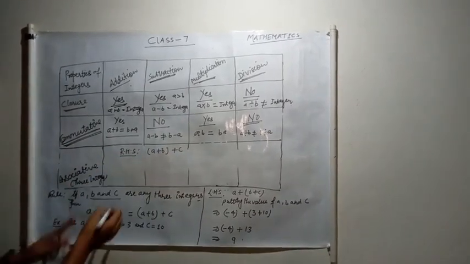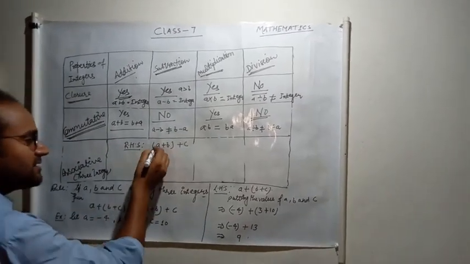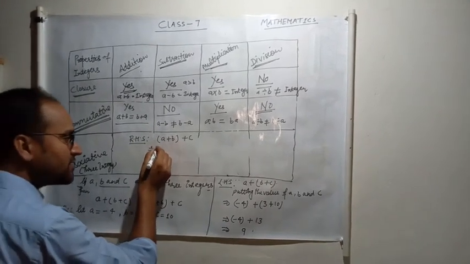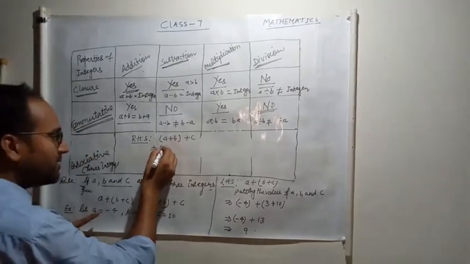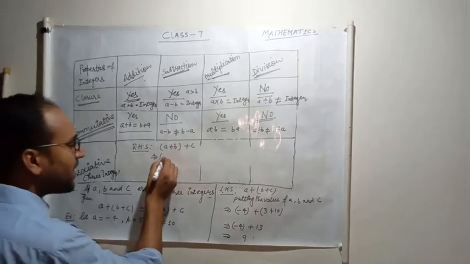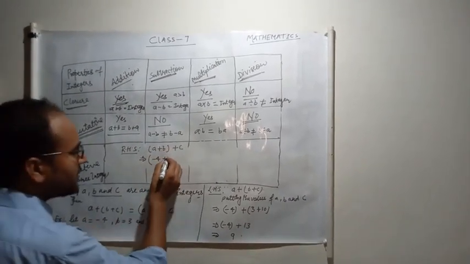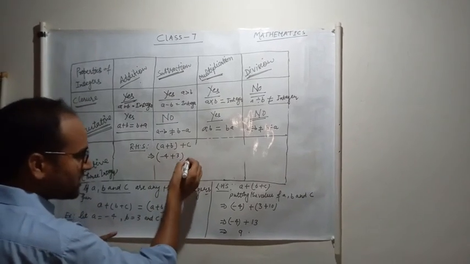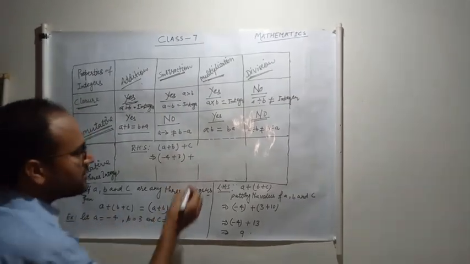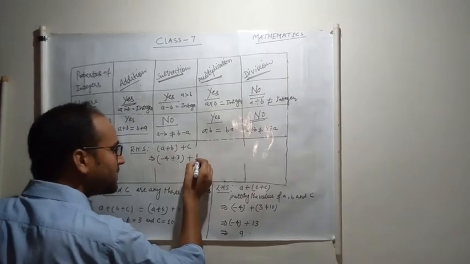So here I am also putting the same values of A, B and C. You know that this is a small bracket, and in this I am going to put minus 4 and plus B is 3, then close this bracket and plus C is outside. I am going to write 10.